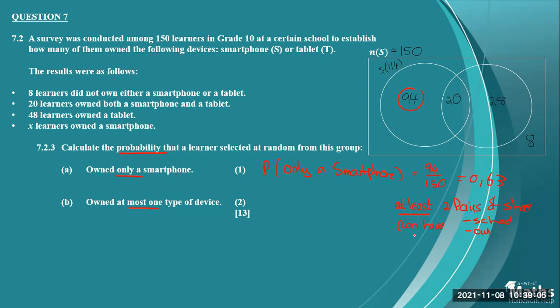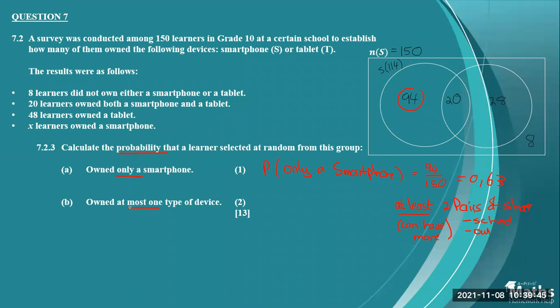You with me? So how many pupils will have at least a smartphone? It would be 94, but they can have more. They can have 94, plus they can have the 20 if they own both, or it could be the 28. And we're not going to include the 8, because 8 means you have none, not one of the two.